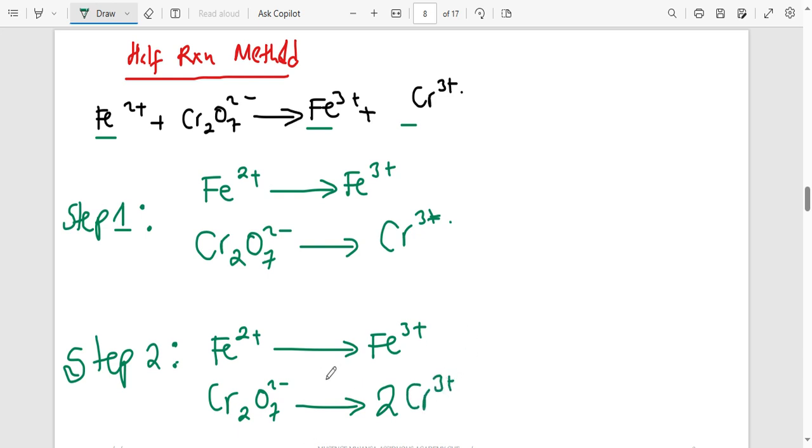You can see what I've just done here is I've simply put a 2 in front of the chromium to balance the chromium. Remember I said to balance any other atom other than oxygen or hydrogen. So we're not balancing any oxygen here. Hope you'll be following.